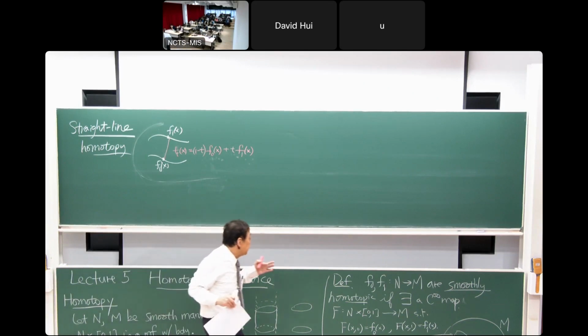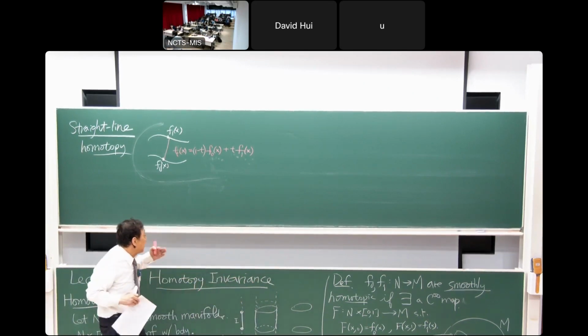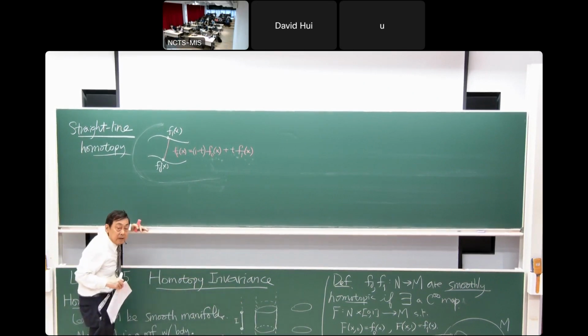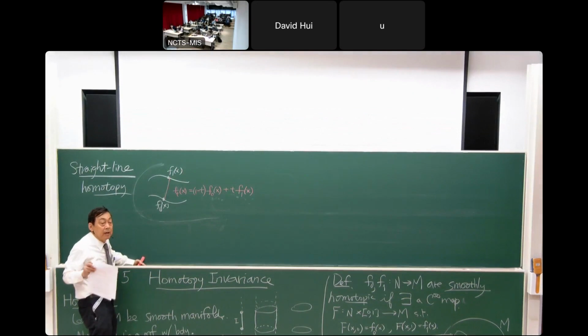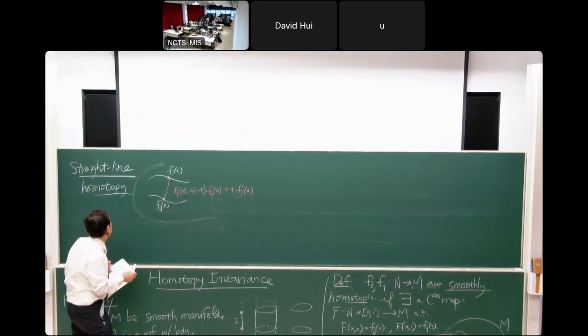So let me define what it means for two maps to be homotopy equivalent. Two spaces are homotopy equivalent if they are inverse to each other up to homotopy.